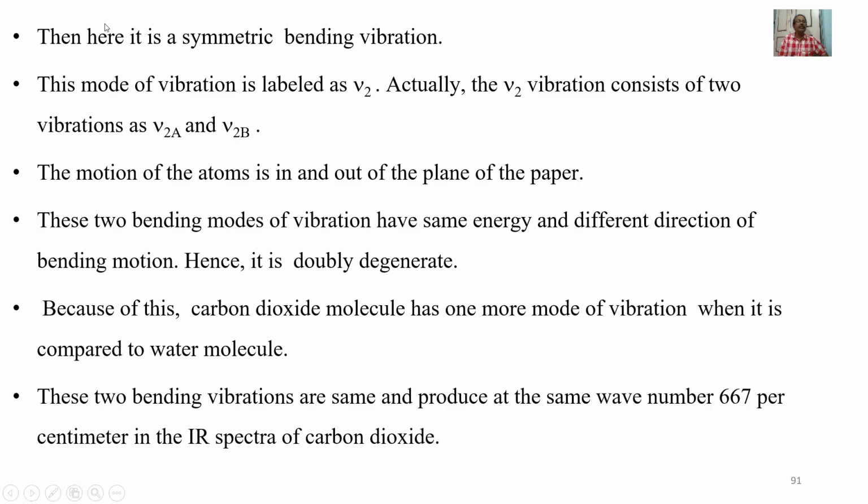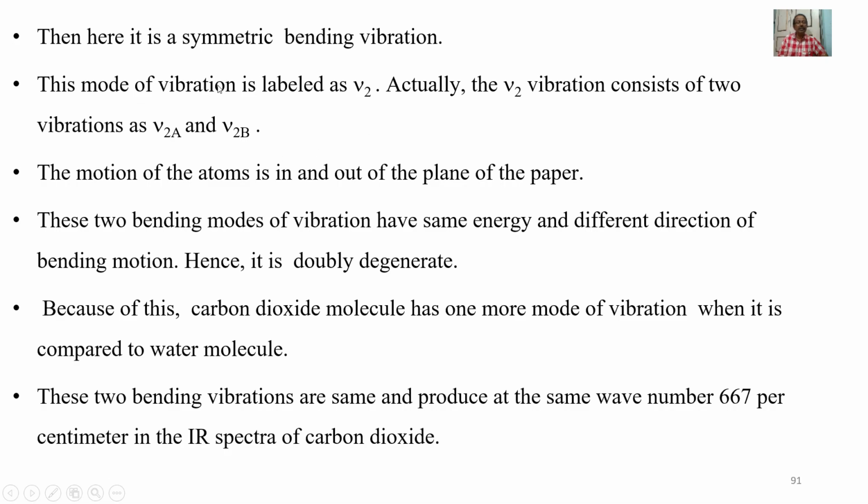Then here is a symmetric bending vibration. This mode of vibration is labeled as nu2. Actually the nu2 vibration consists of two vibrations. One is in plane, another one is out of plane. So this is referred to as nu2a and nu2b, in and out of the plane of the paper. These two bending modes of vibration have the same energy and differ in the direction of bending motion.